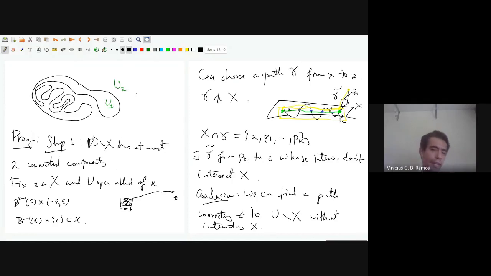You can use the tubular neighborhood theorem too if you want, but you don't actually need it. You just need to take a neighborhood of the path that connects X to Pk, and then you can go along this neighborhood without ever intersecting X. Okay, is that clear? I hope the picture is enough. If you understand the picture, you can write down the argument. So please ask me if you don't understand the picture.